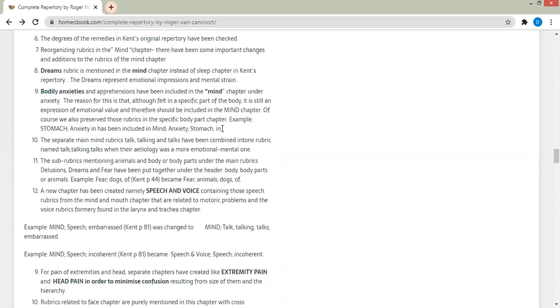The separate main mind rubrics talk, talking, talks have been combined into one rubric named talk, talking, talks when their etiology was more emotional or mental.